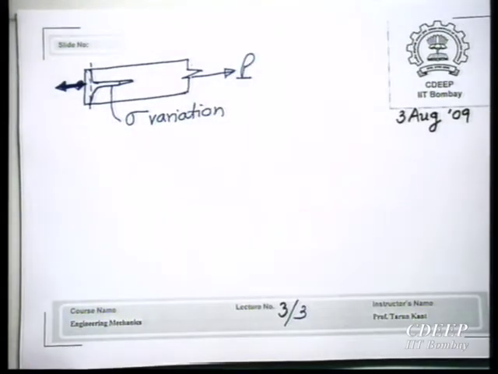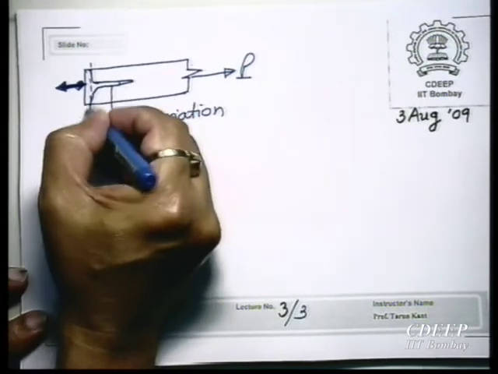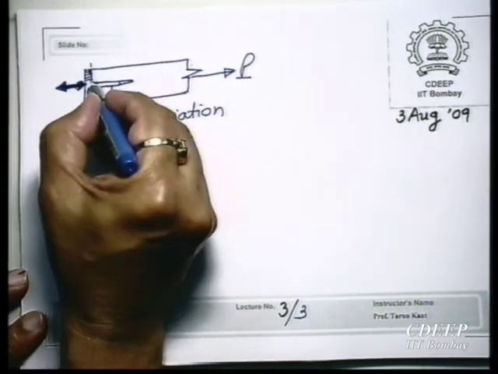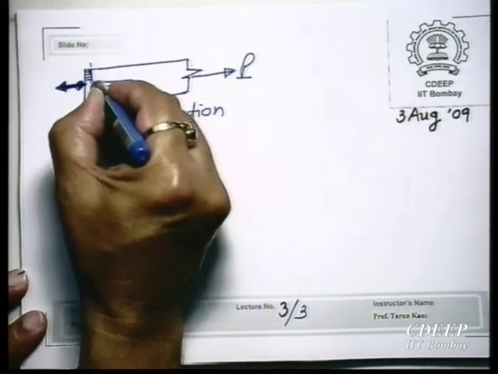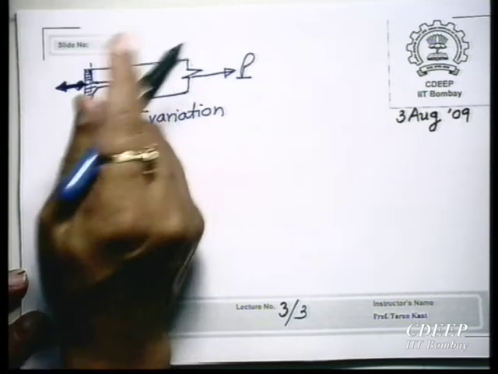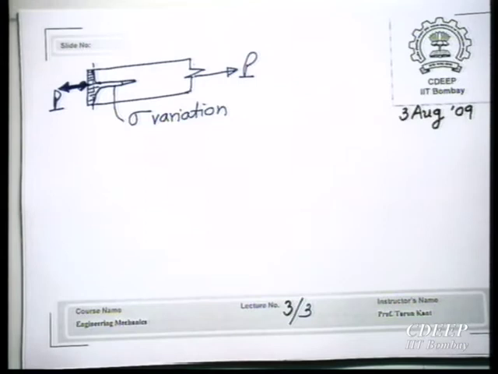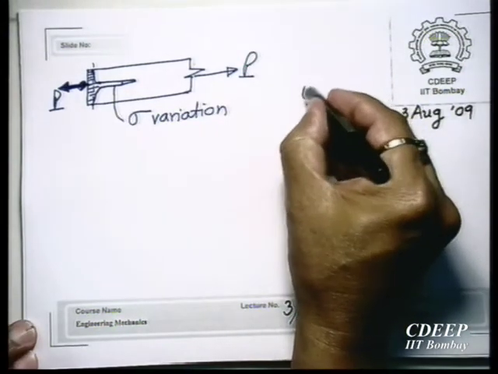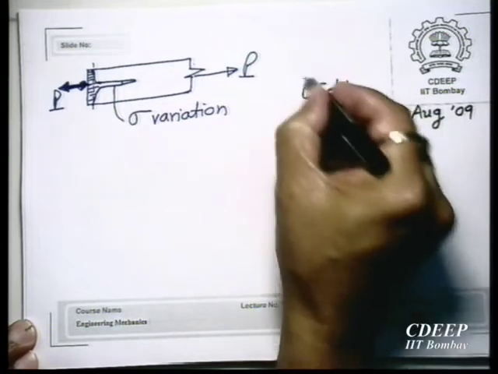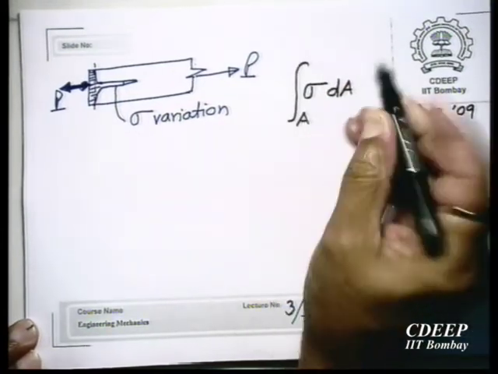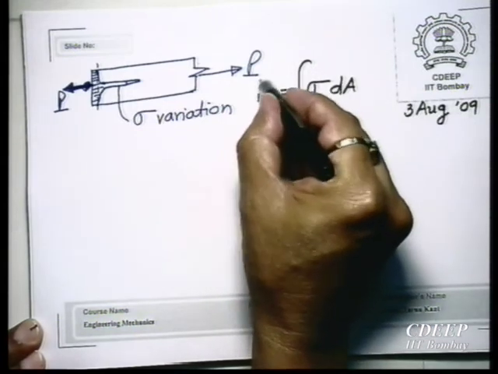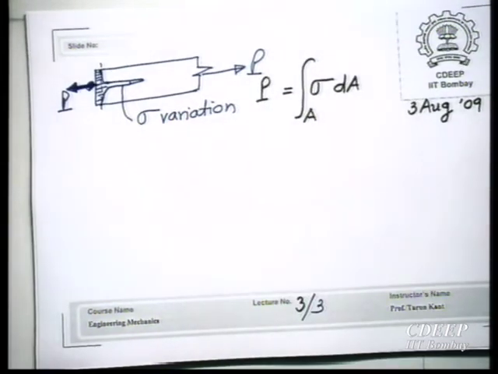Have you got it? Now, this area under the curve: if you integrate all this distribution over the area, you must get the value P. It is a resultant force. Force must balance. P must be equilibrated by the stress distribution. So, if you integrate sigma dA over the cross section A at any cross section, this must give you P, because sigma is force per unit area.